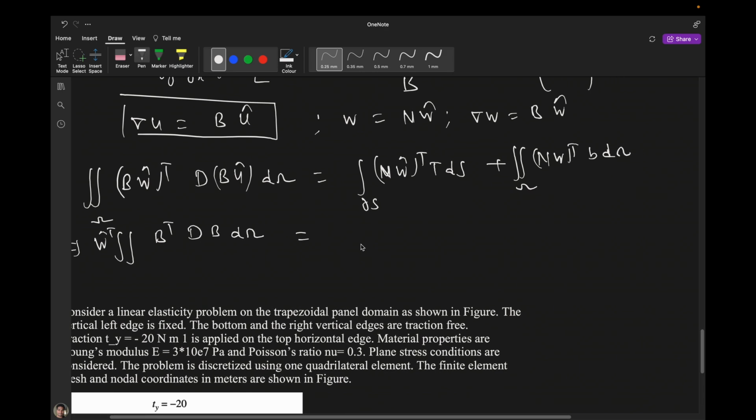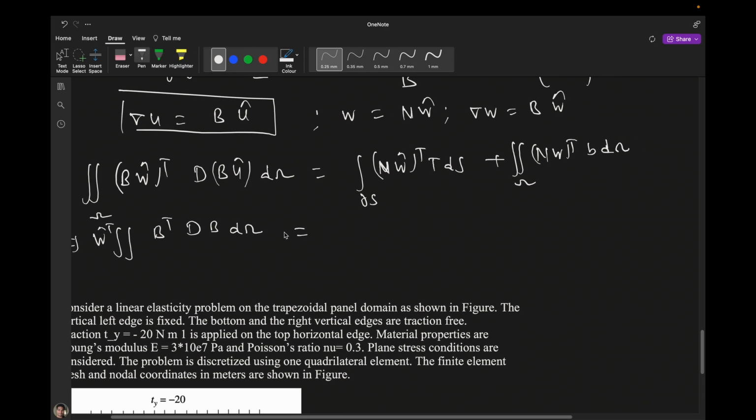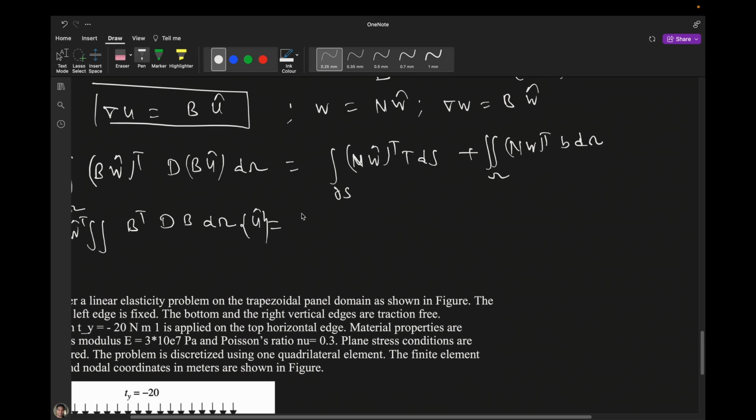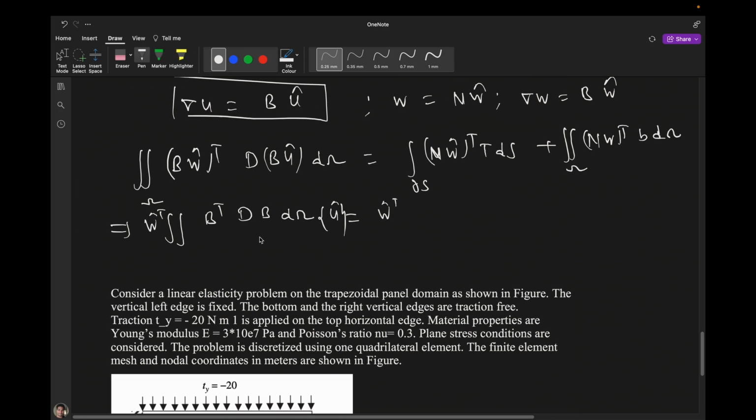Okay, and this will be what? And u will come here, and this will be w hat transpose.